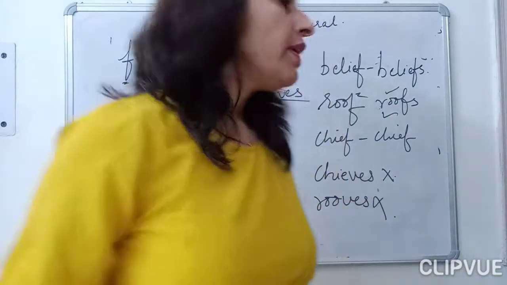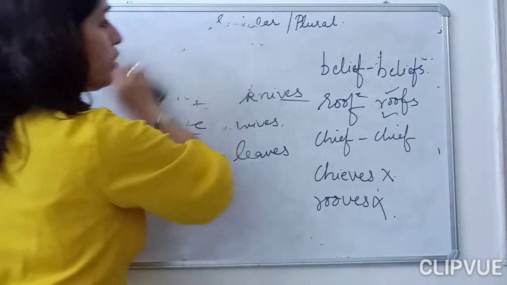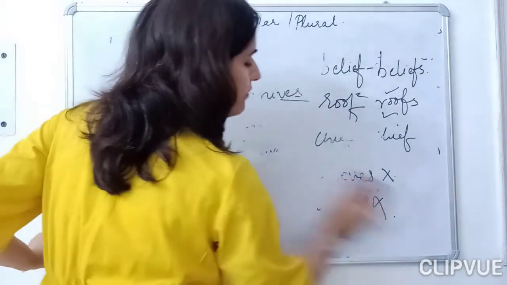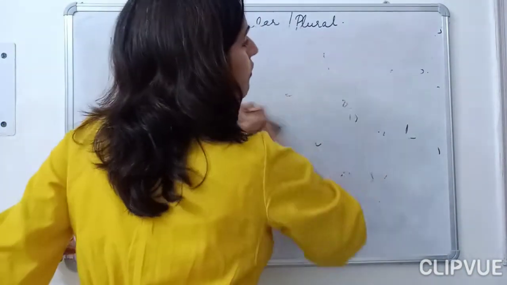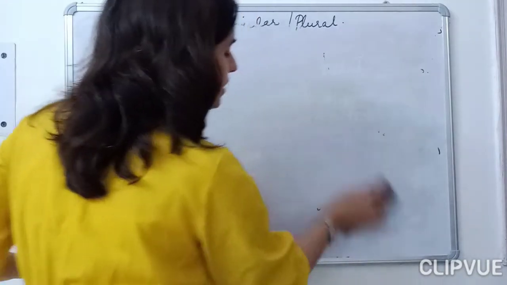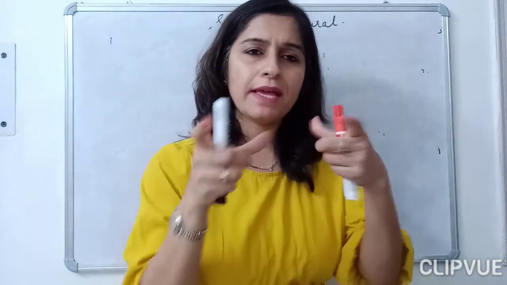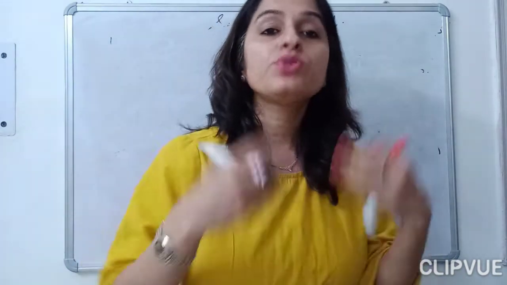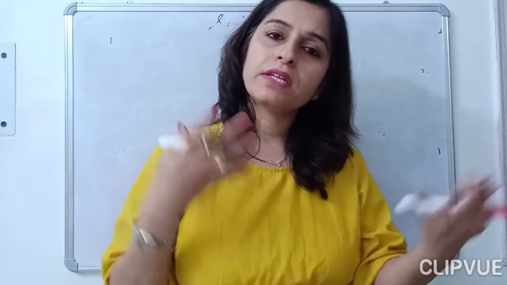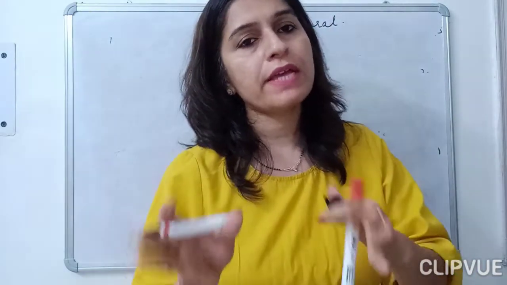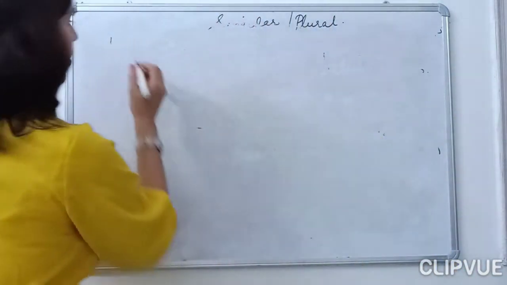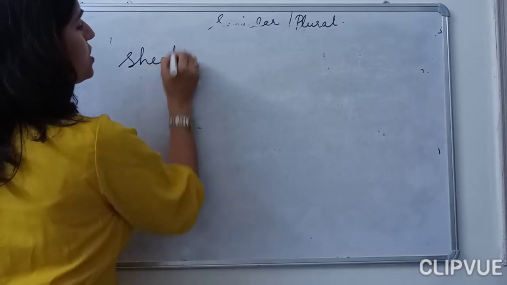Now last, children, I hope I am clear here. I have explained all the rules of how to change from singular to plural. Now here are a few exceptions, children, that never change. They are singular and they can be used as plural also. For example, the word sheep.